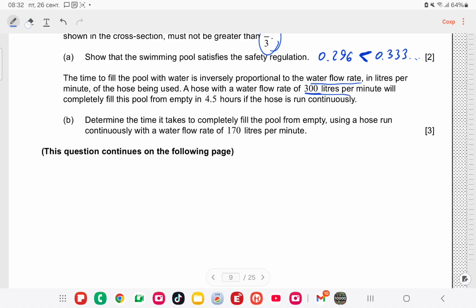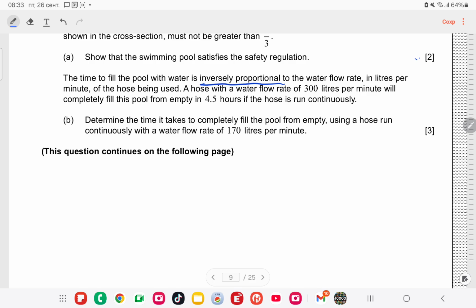First of all, it looks very wordy, but if we identify the key terms, we will be good. The time taken to fill the pool is inversely proportional. This is a keyword: inversely proportional.